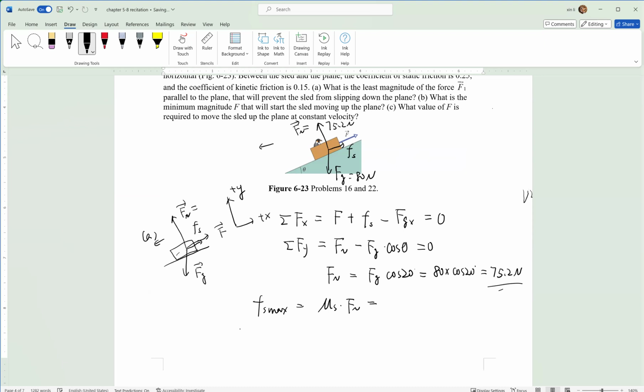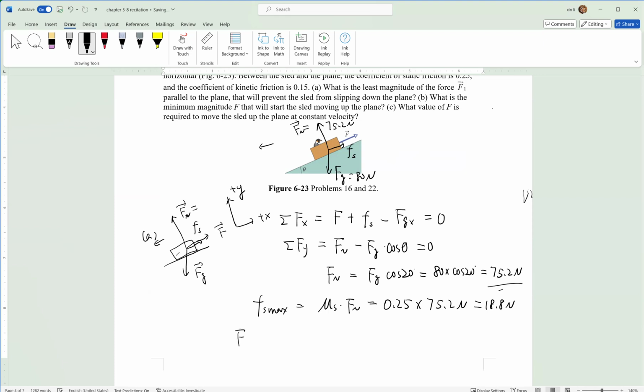So mu s is 0.25 multiplied by 75.2 Newton. Okay, so you can get your maximal static friction will be equal to 18.8 Newton.